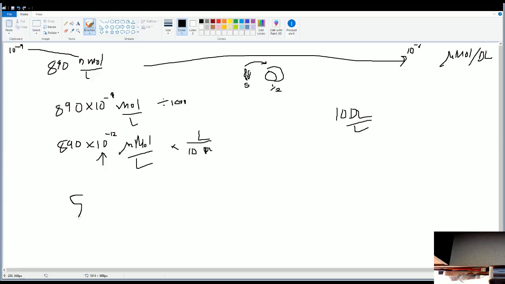So actually this would be 890 times 10 to the negative 13. You just go from negative 12 to negative 13. And that's the answer: micromoles per deciliter.